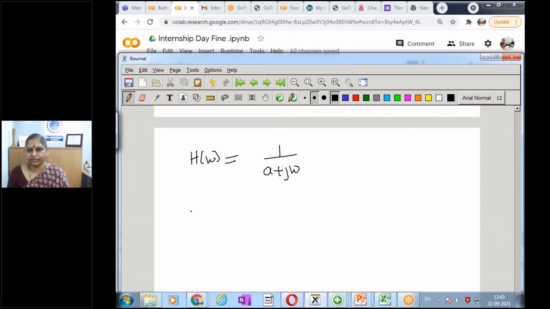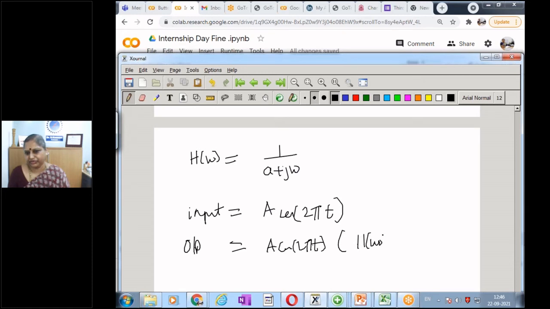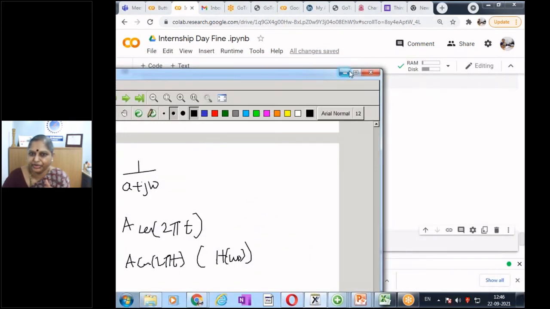Let us say my input is a cos 2 pi t. The output is going to be a cos 2 pi t multiplied by H of omega naught. So the magnitude is going to decrease by some amount, and there is going to be a phase delta.